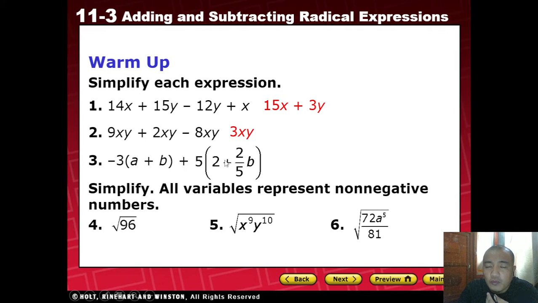How about number 3: negative 3 times the quantity a plus b, plus 5 times the quantity 2 plus 2b. Okay, what's your answer?